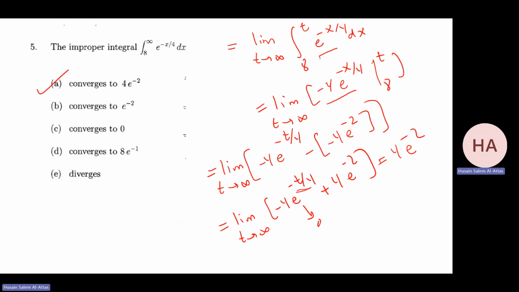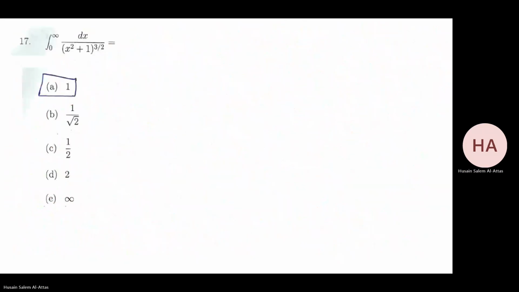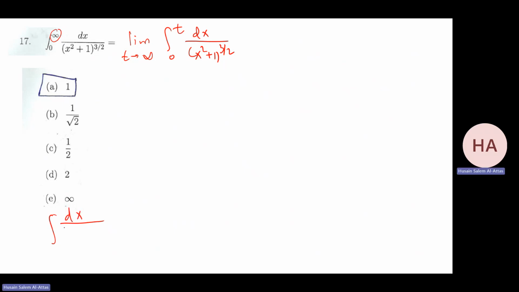Okay, let me do examples. This one, where is my problem? Just with the infinity. So take the limit, t goes to infinity, integral 0 to t, dx over (x squared plus 1) to the power 3 over 2. Let me do this integration aside, as an indefinite integral.